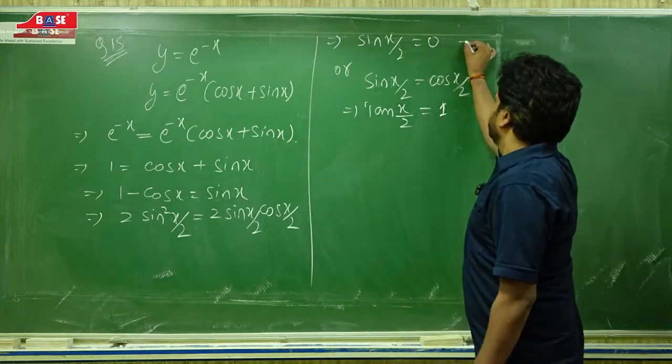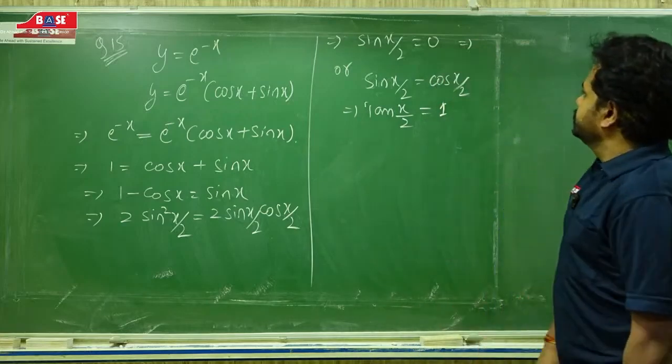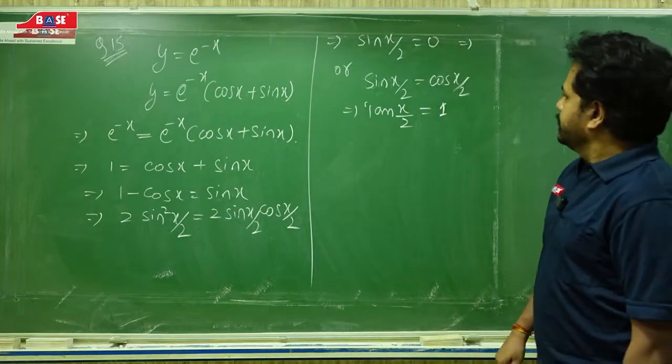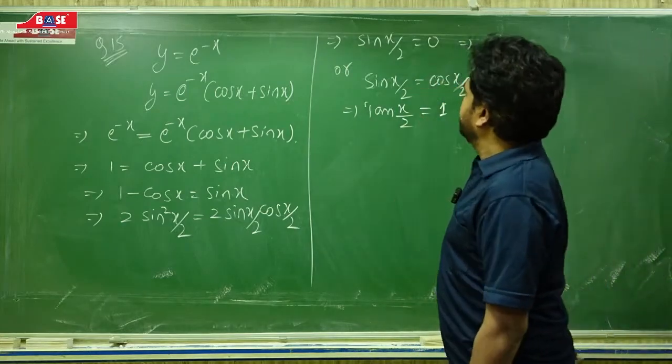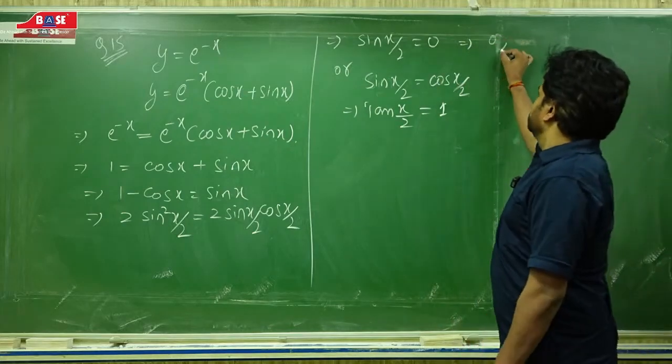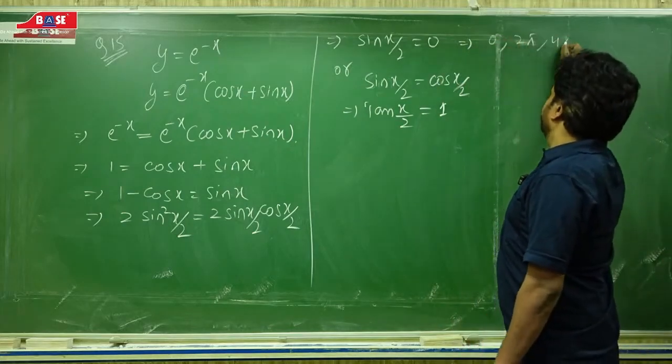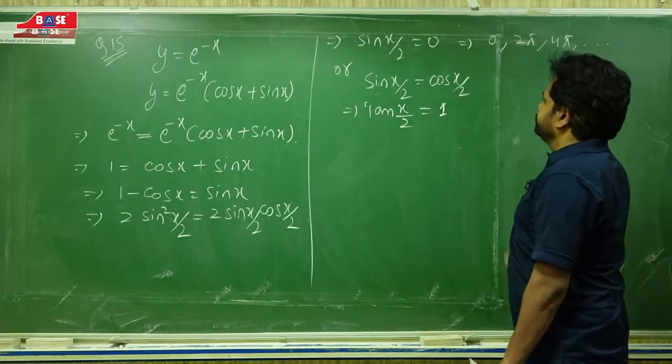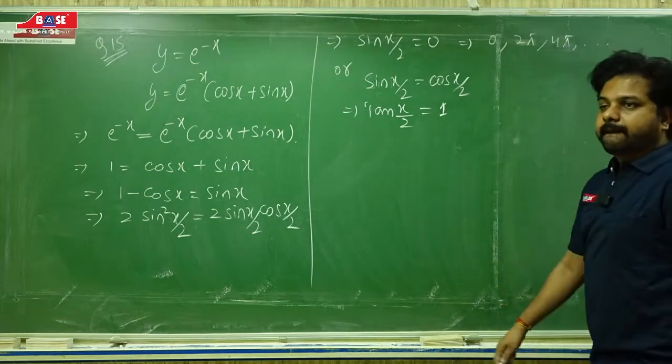If we see sin x by 2, it will be 0 at 0, 2 pi, 4 pi and so on, since it is going up to 10 pi, right?